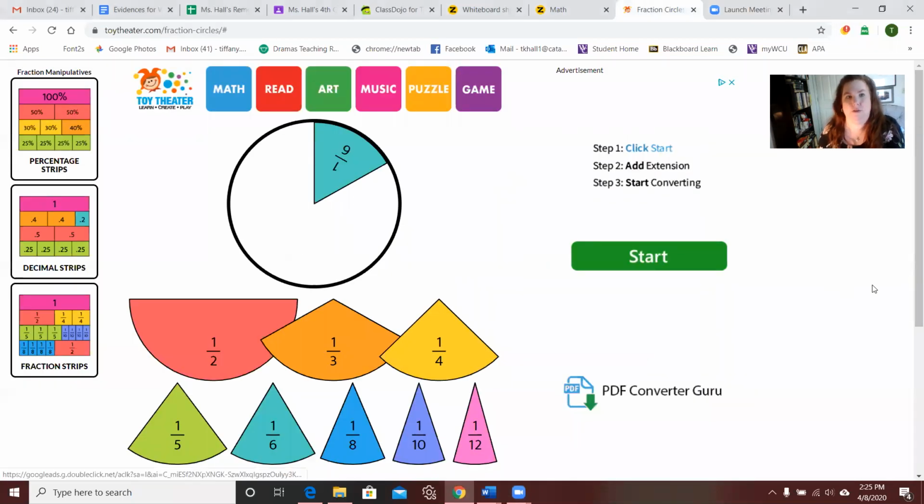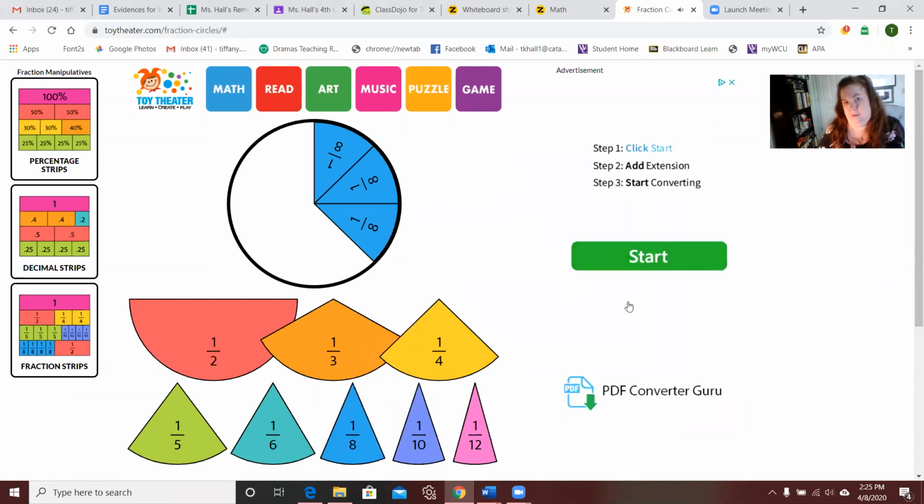Okay, so we're going to start on this website with some fraction tiles. If I wanted to first add fractions, let's say 3/8 plus 2/8. If I'm going to do 3/8, I would want 1/8, another one, another one.